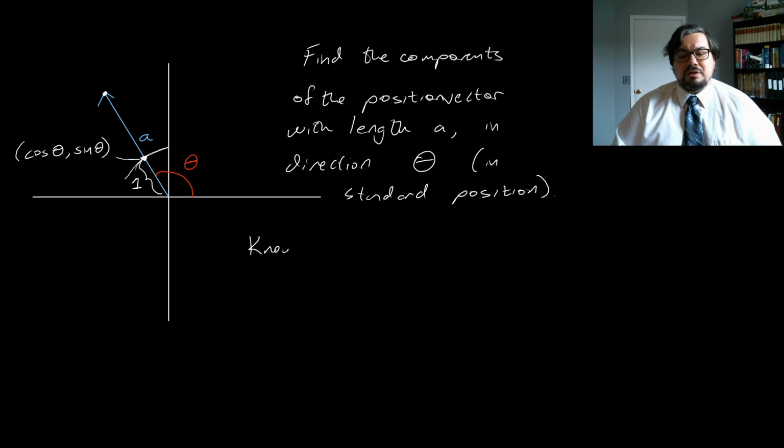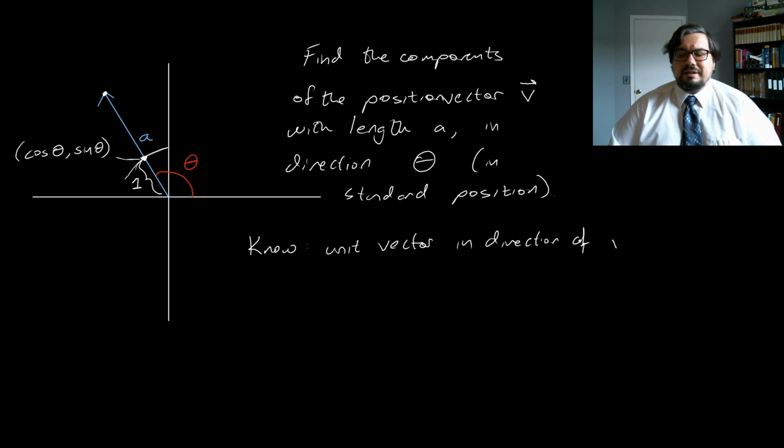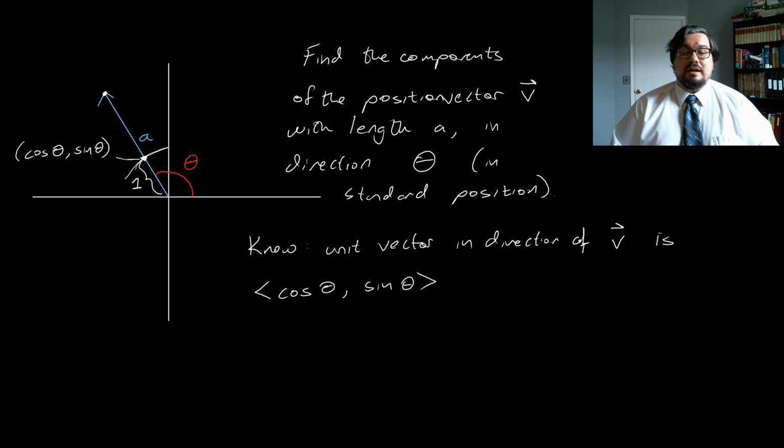So let's see, what do we know? We know that the unit vector in the direction of our vector, oh, I haven't given the vector a name. Let's call this whole thing v. So we know that the unit vector in the direction of v is the vector with components cosine theta and sine theta. Any vector, by the way, with components of cosine theta and sine theta is always a unit vector.